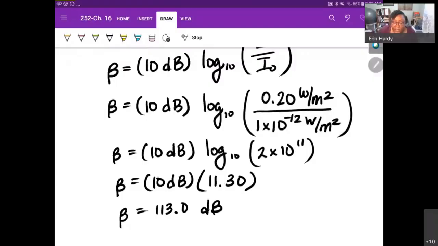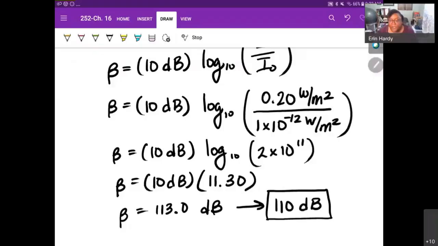And let's look at our sig figs. We have 2 sig figs from our intensity. So we're going to take this to 110 decibel. So that's how loud that siren would sound based on its intensity.